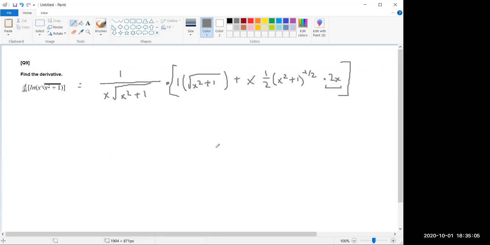We're trying to take the derivative of the square root of x squared plus 1. This is basically to the 1/2 power, so the exponent goes to the front, and then you subtract 1 from the exponent. But there's another inside function that requires another chain rule. That's why there's another 2x.